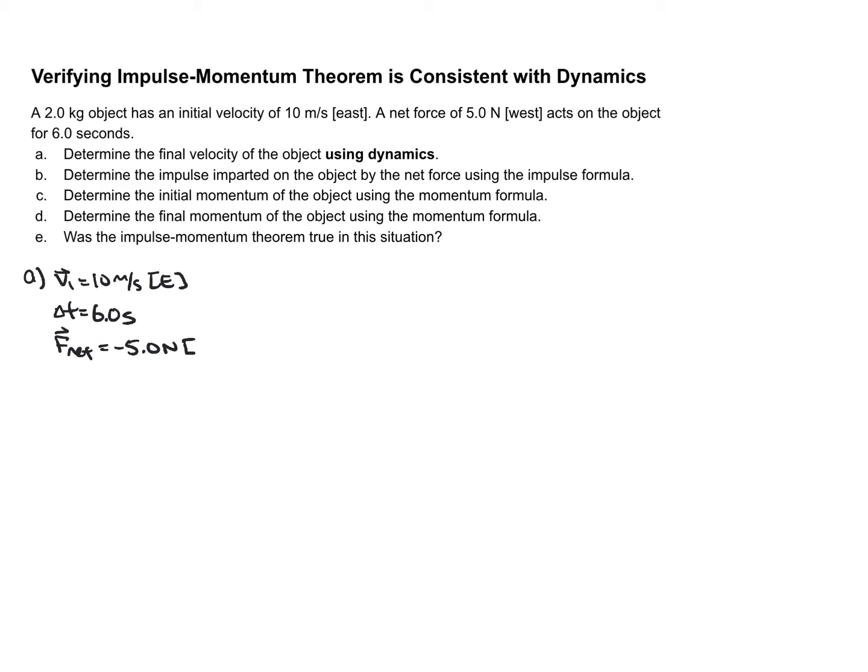I changed the west force to negative east because I want all my directions to match, and a mass of 2.0 kilograms. We have to find out the final velocity, v2, is a question mark.